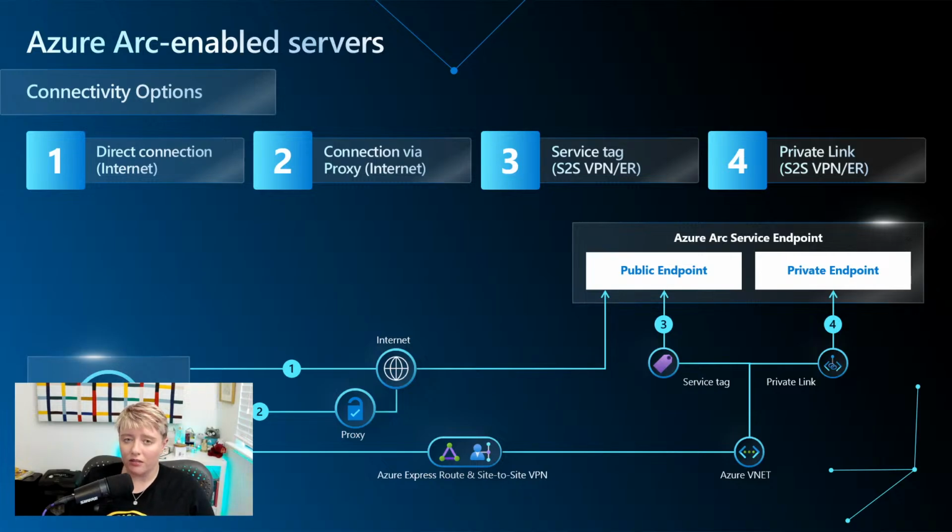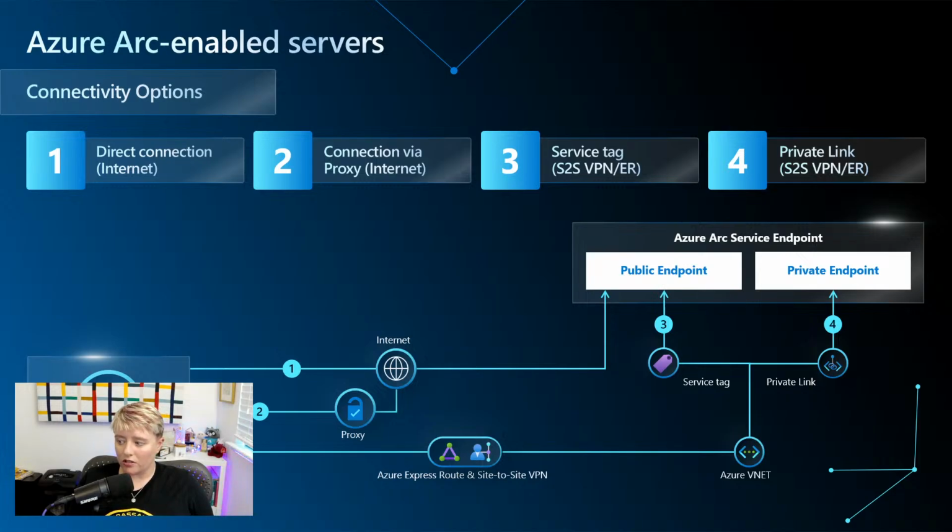That is changing, but you can ultimately use a proxy to send the traffic through. And as we saw from the check command, there are probably about 7 or 8 URLs that it uses to connect. You can route your Azure Arc agent traffic through a proxy to connect if that's what you want to do.